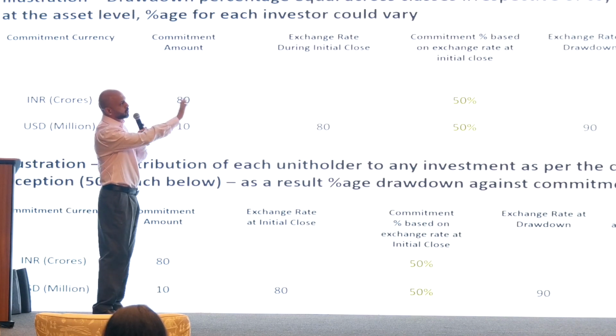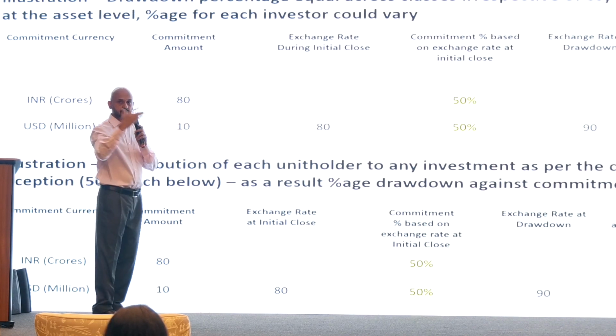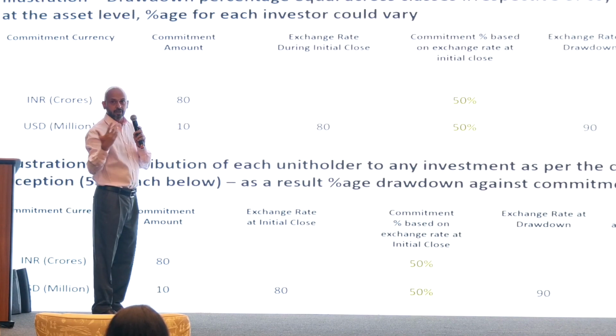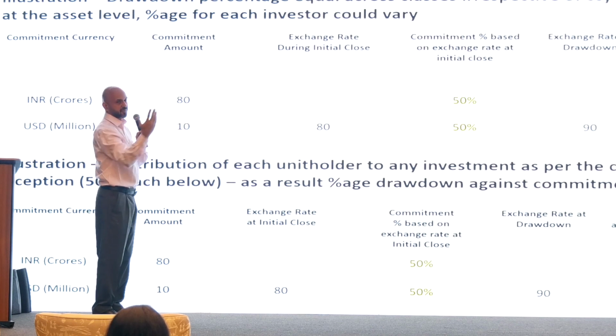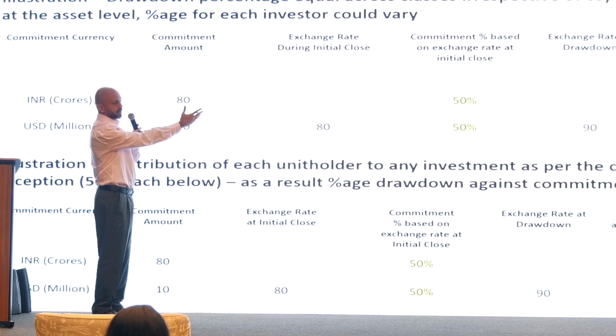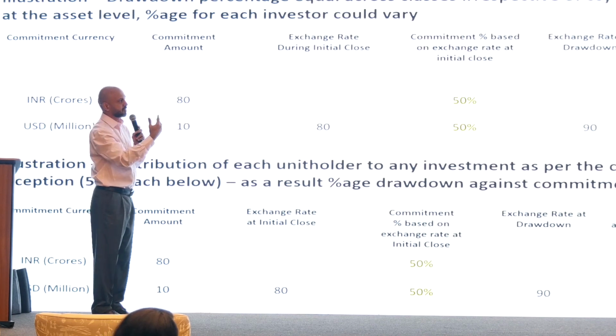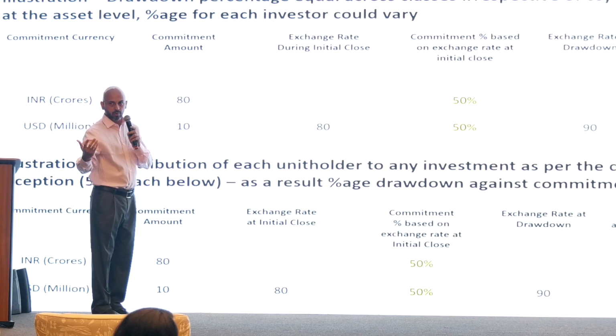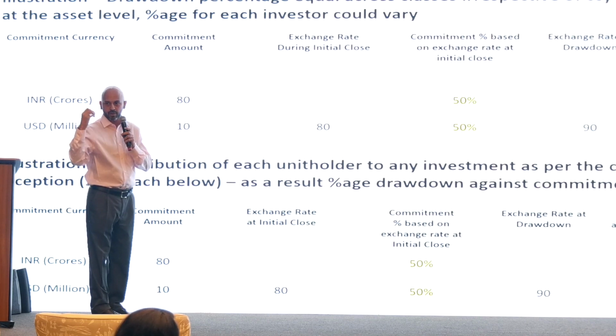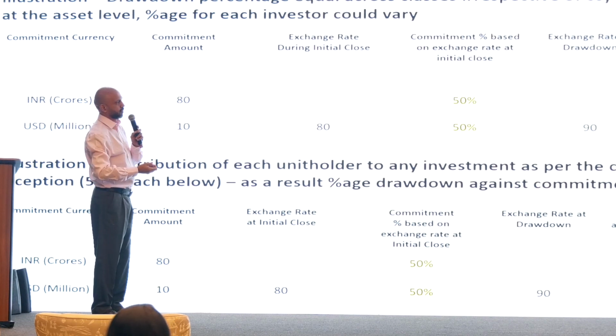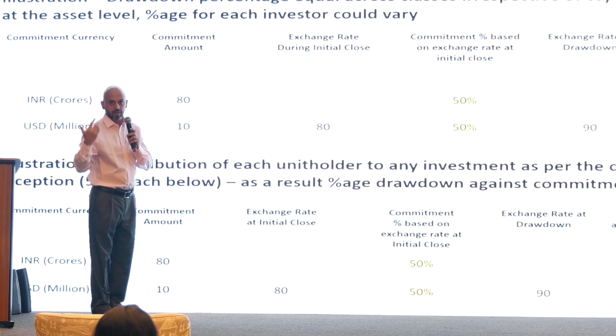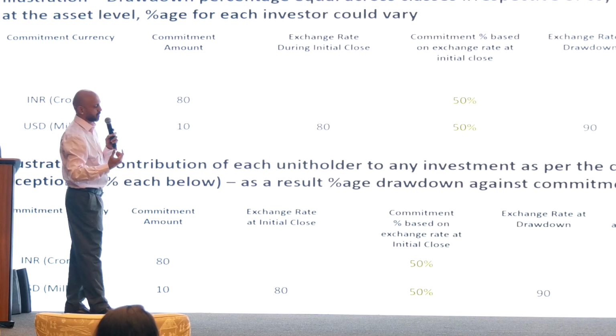In terms of contribution percentage to the investment based on the exchange rate at drawdown, you see that the 50-50 did not hold. It ended up being 47 and 53 because of exchange rate movements. Here, clearly you stuck to the same drawdown percentage when you called the money from your LPs.